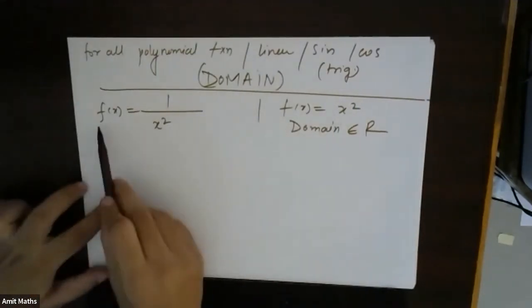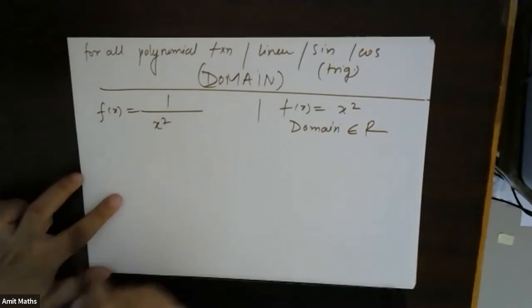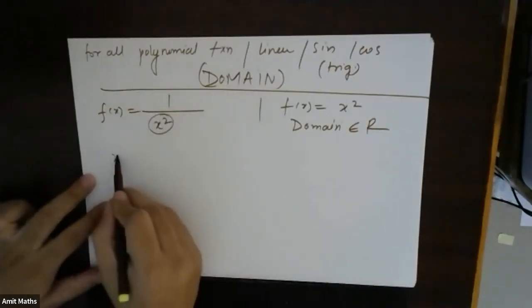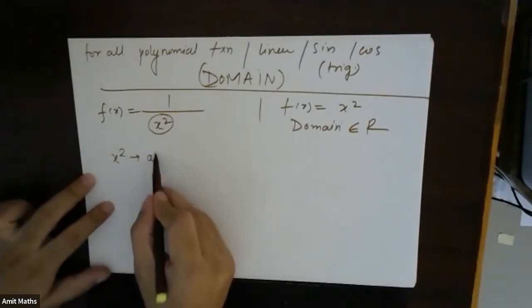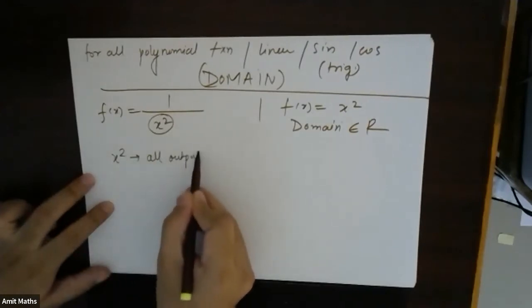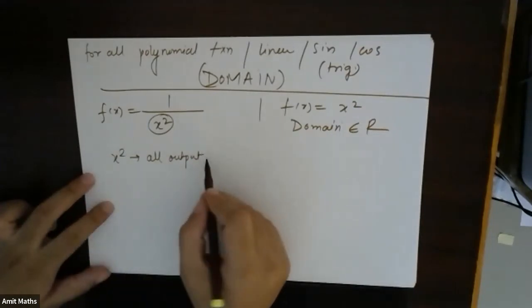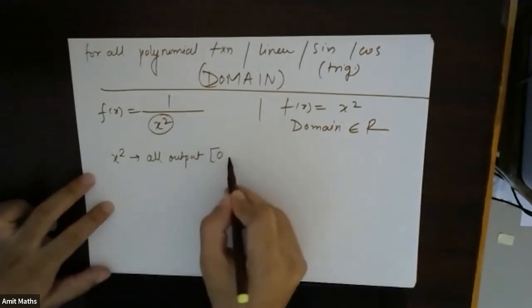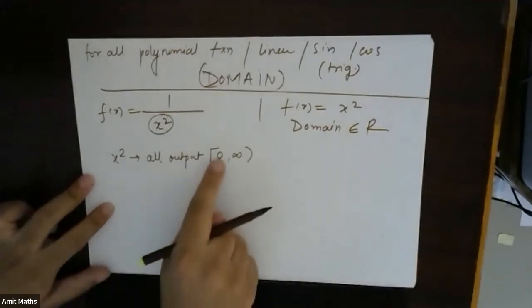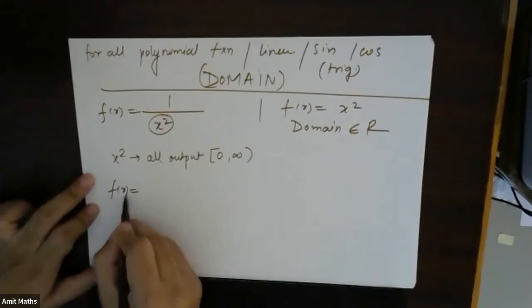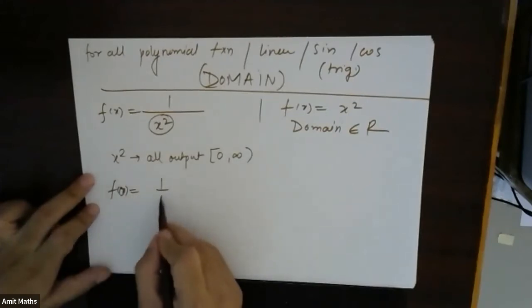Now if f of x is equal to 1 by x square, we can say that x square will give you all the outputs including 0, so all the outputs in the positive range, that means 0 to infinity. But when I substitute 0 here, what will I get? f of 0 will become 1 by 0.